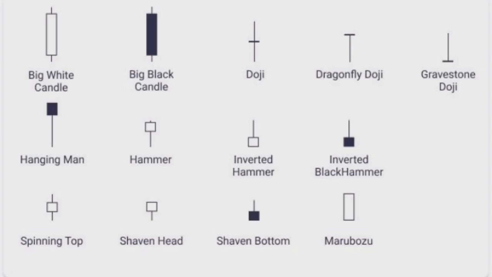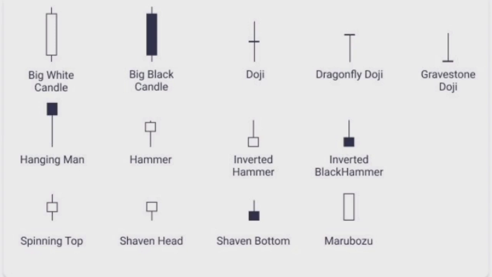Okay, then you have the doji, which indicates indecision, in which you have a very tiny body and then wicks, upper wick and lower wick. And then we also have the dragonfly doji, which has a very tiny body. Then we also have the gravestone doji. All of these are candlestick patterns, and they are very important when they occur at key levels.